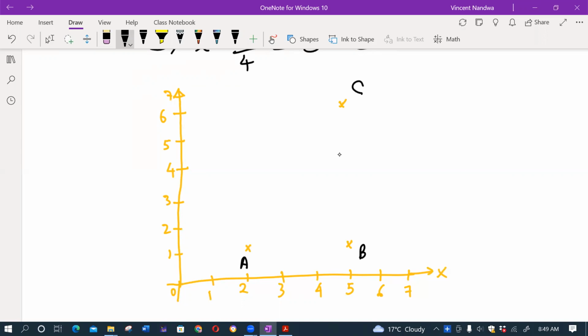I've been told that ABCD is a rectangle, and to plot point D and write down its coordinates. A is the point 2, 1, B is the point 5, 1, and C is the point 5, 6.